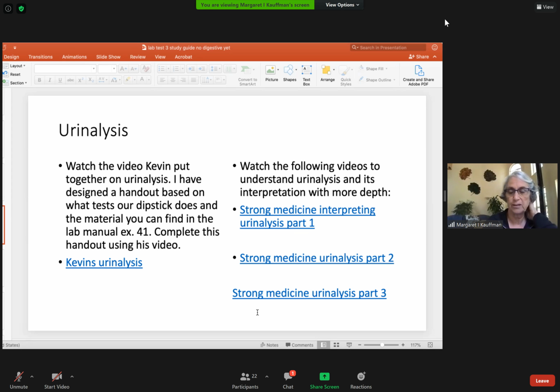So they do give a normal range for urine that you should know of its specific gravity. You should understand what those numbers mean, why they don't have units, because they're comparing it to water's specific gravity, and what sort of conditions could lead to a change in that specific gravity.